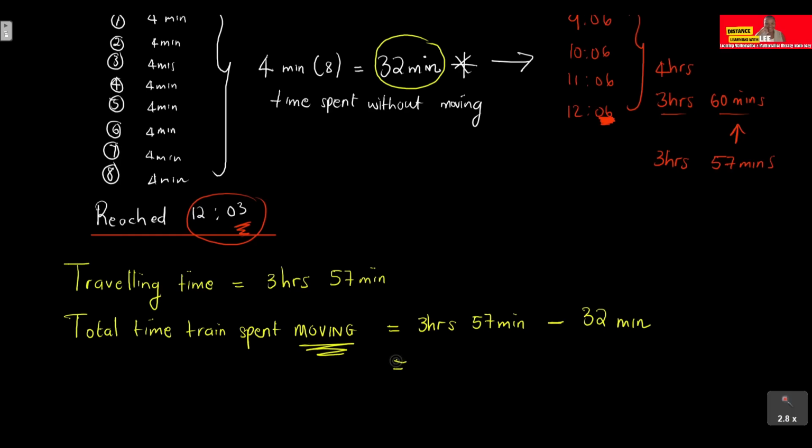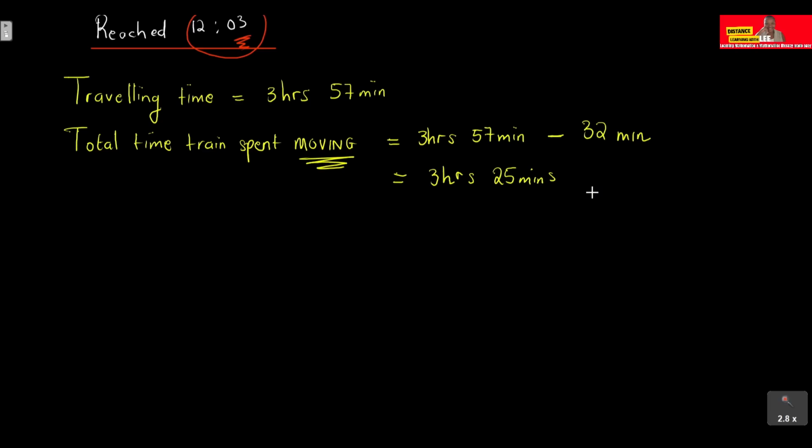So the total time that the train spent moving, 57 minus 32 minutes, is actually 3 hours and 25 minutes. This is the time that we're supposed to use to help us calculate the speed of this train. I hope that is clarified for you guys.